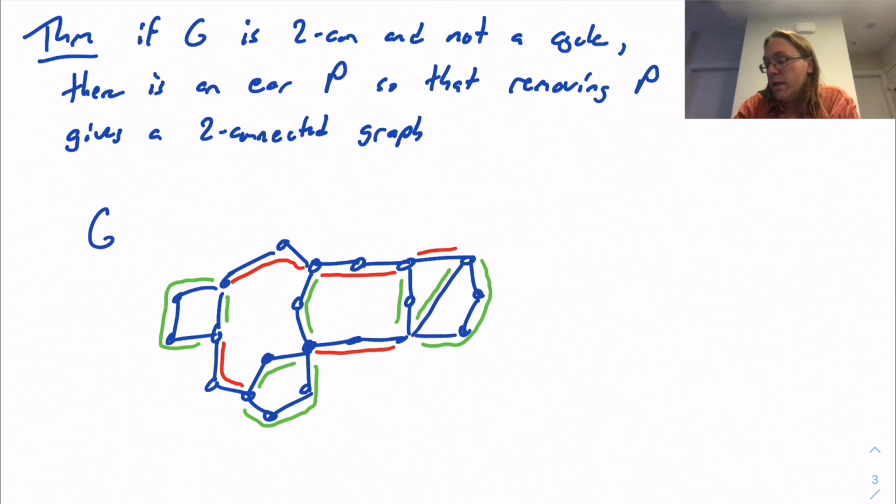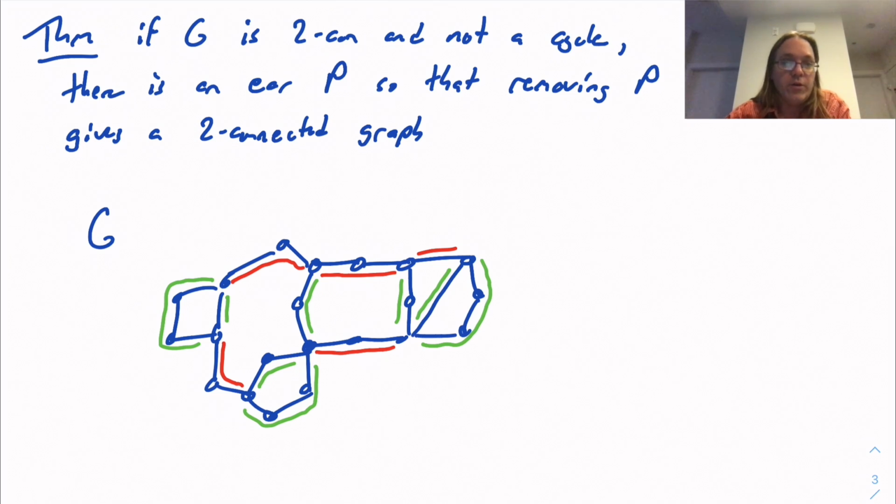Now, what we're interested in doing in this theorem here is showing that you're always guaranteed the presence of an ear whose removal leaves you 2 connected, so long as the input graph is 2 connected and not just a cycle. And anyway, so here I'm showing you a graph G, and there are some red ears and green ears.